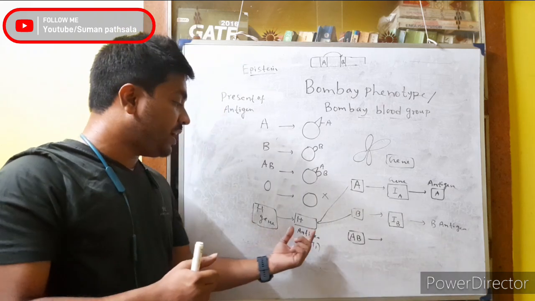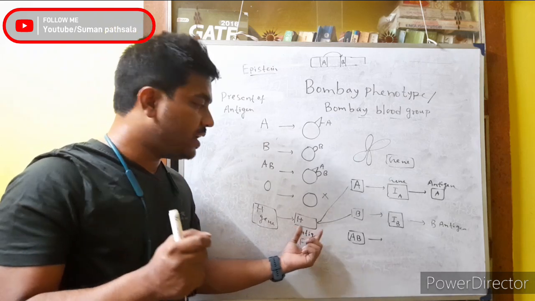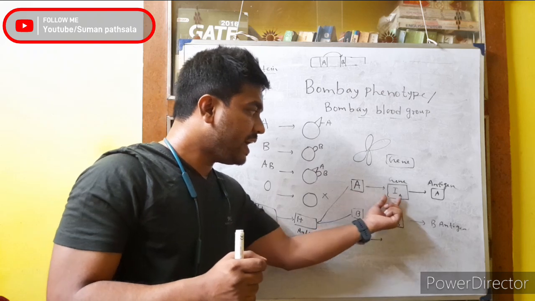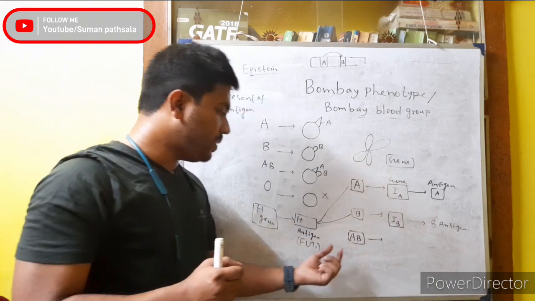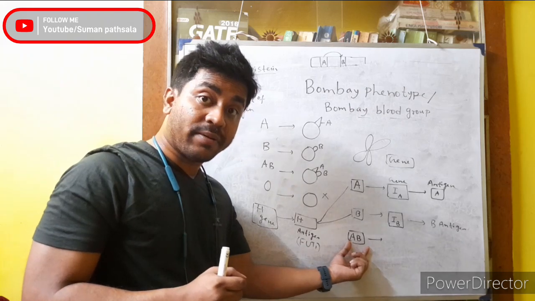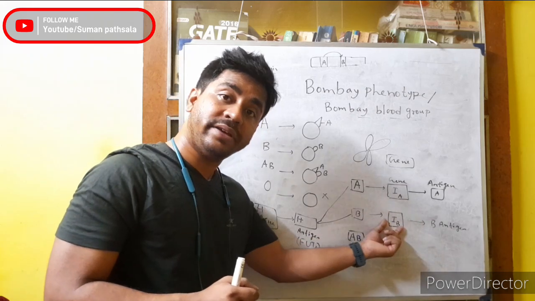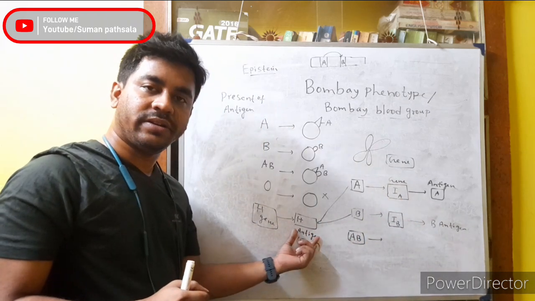That means the H antigen, directly or indirectly, totally controls the A gene and B gene. If you have the AB blood group, you have both the A and B genes present, and both are controlled by the H gene.